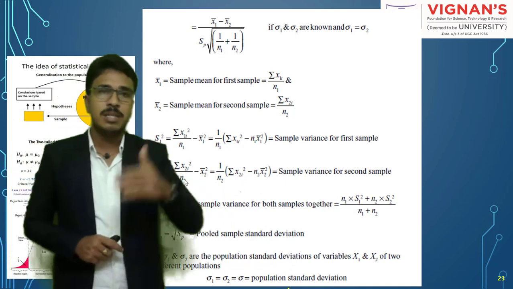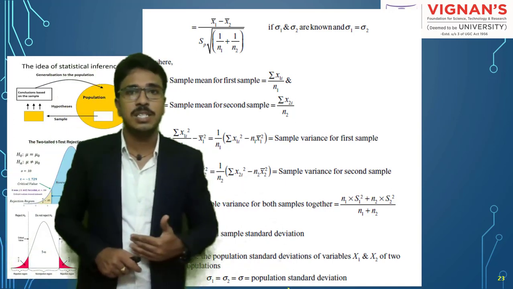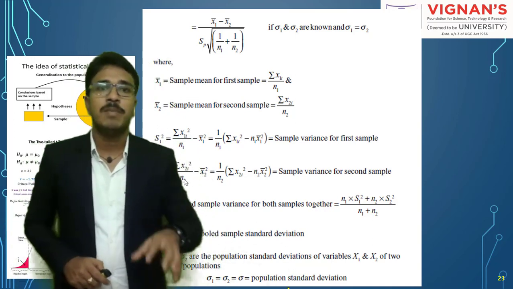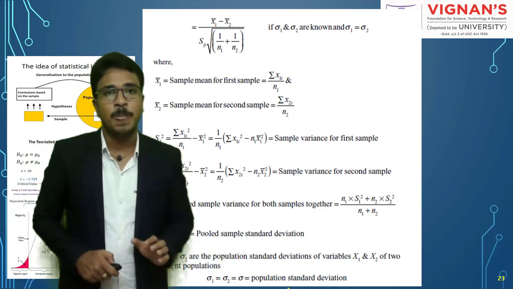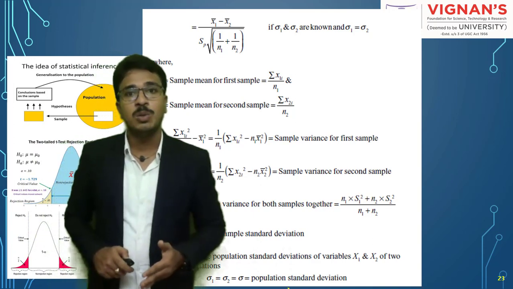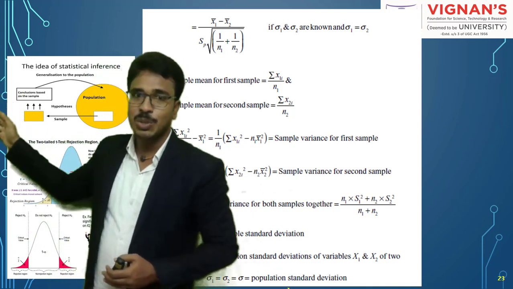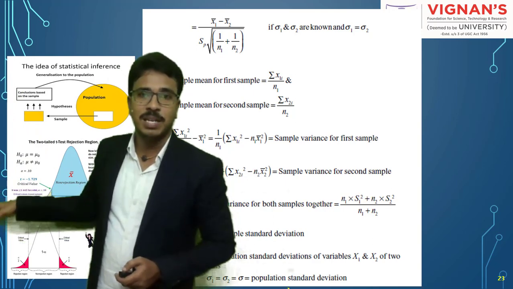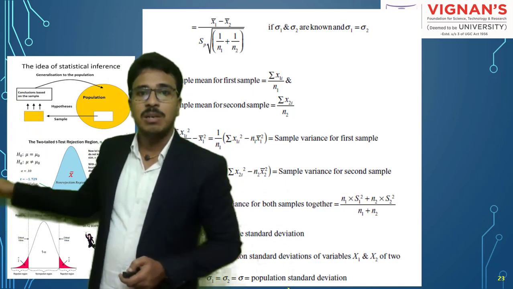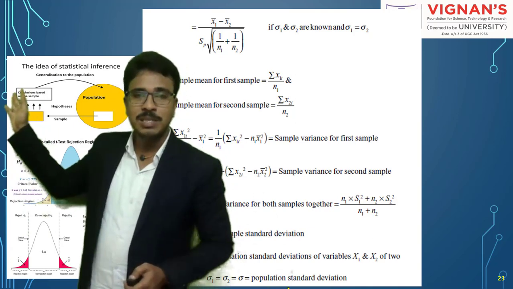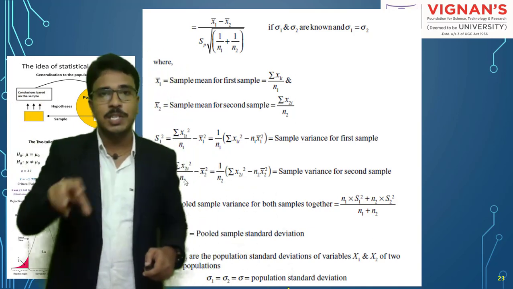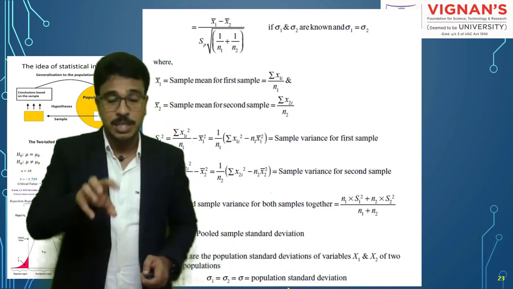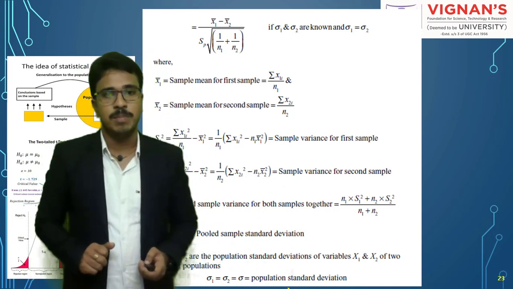So there are four different conditions. Depending upon what information is given in the problem, we have to choose the right formula. Here you can see how to find x1, x2, s1, s2 and sp, where sp is the pooled sample variance. Using these formulas we can find these individual parameters in the problem.